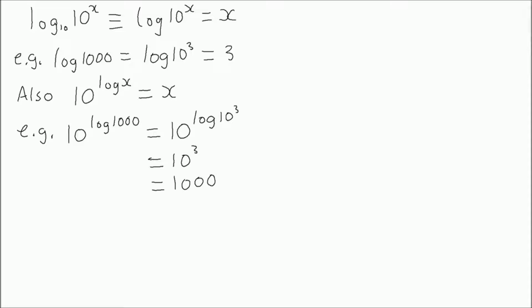So what about the log of numbers that are not powers of 10? Well, this is where it gets interesting. The log of 2, for example, if you use your calculator, you'll see you get 0.3.